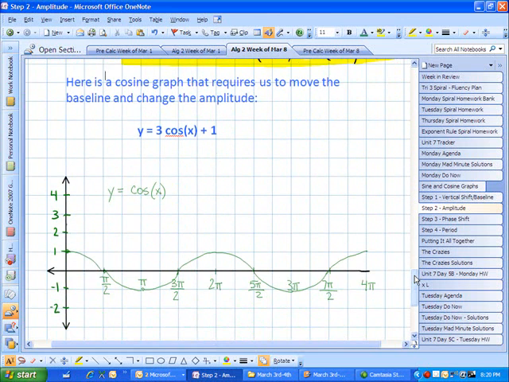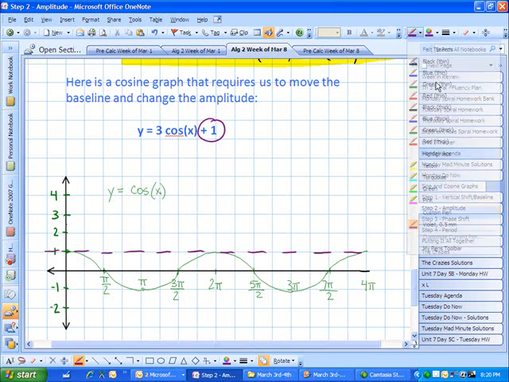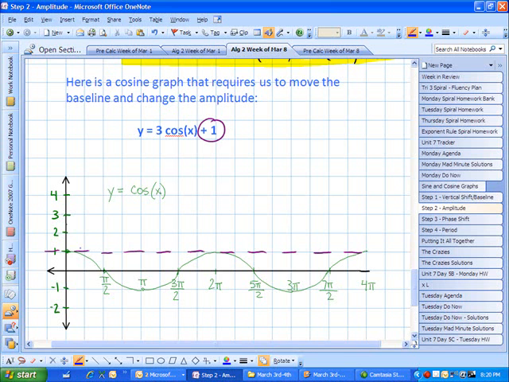Let's check out this last one here, the cosine graph. This time the cosine graph has a baseline that has been moved up 1. You see that? So we got a baseline that is here instead of on the x-axis. Now we've got an amplitude that is 3.